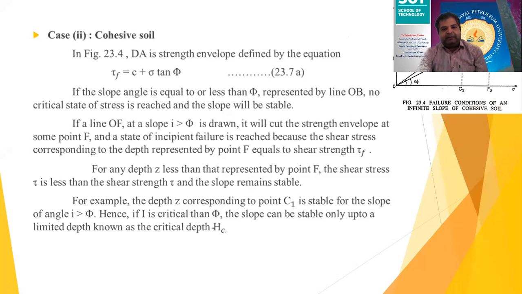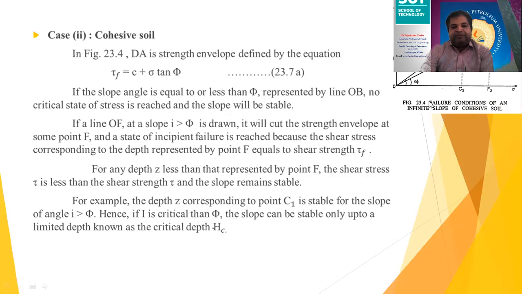As the value of z increases, sigma changes, and as sigma changes, my tau f value also changes with depth. That is how the strength envelope or the stability depends upon those parameters.